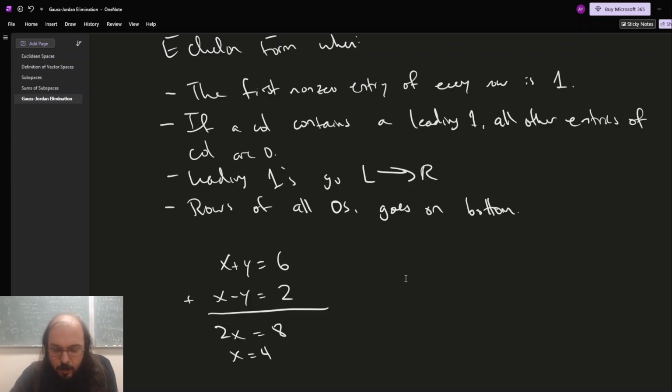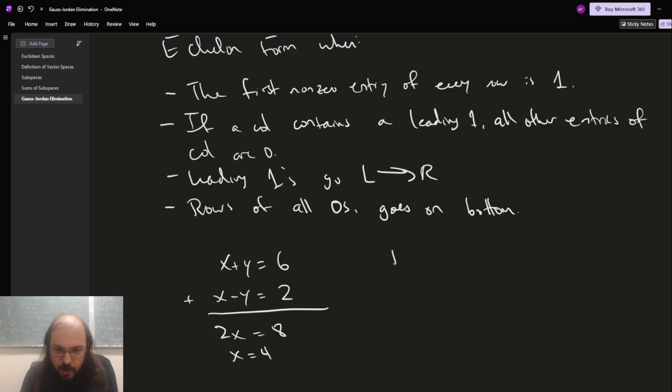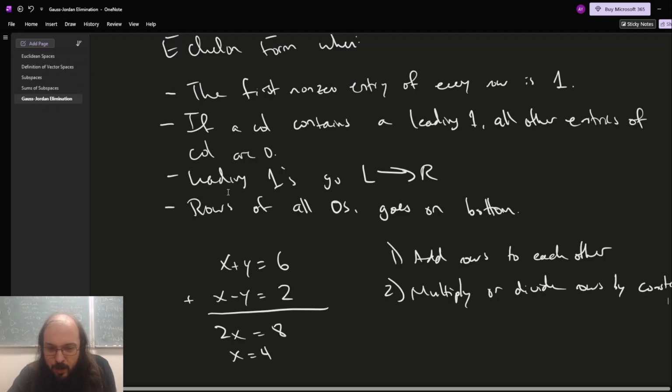This suggests that there are basically two things that I'm allowed to do with the rows of a matrix because the rows represent the equations. So what are the things? I can add rows to each other. I can multiply or divide by numbers. Although not 0, right? You don't want to multiply by 0 because that just deletes the equation, and you're never allowed to divide by 0.